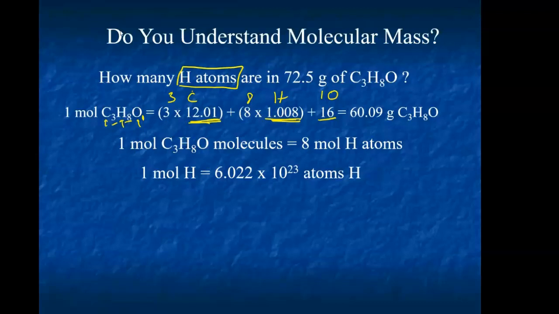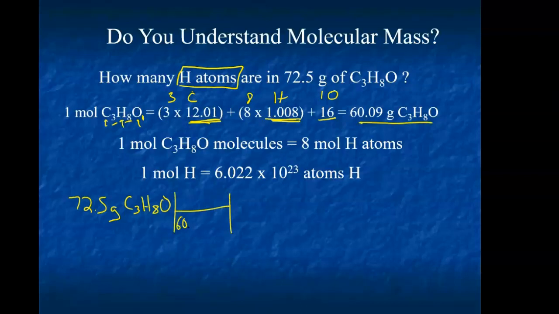All right, I'm seeing some of these come through. So if we start with 72.5 grams of C3H8O, then we use our molar mass, 60.09 grams of C3H8O in 1 mole of C3H8O.